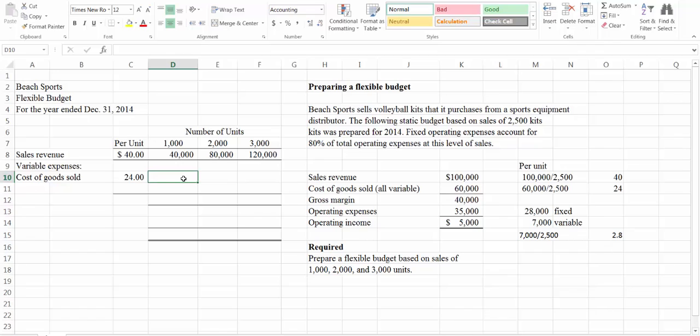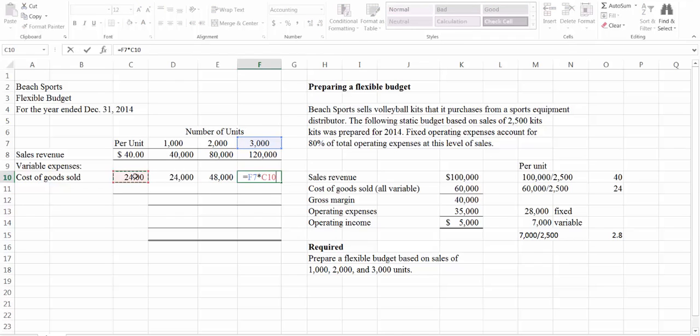All right, so our cost of goods sold at each of these three levels is going to be equal to the number of units we're selling times the cost per unit. So this is going to be 1,000 times $24 a unit, or 24,000. This will be equal to 2,000 times $24 a unit, and then finally 3,000 times $24 a unit.